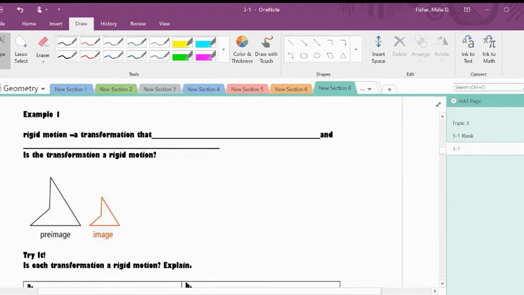In example 1, we're going to talk about a rigid motion here. And a rigid motion is a transformation that preserves length and angle measure.